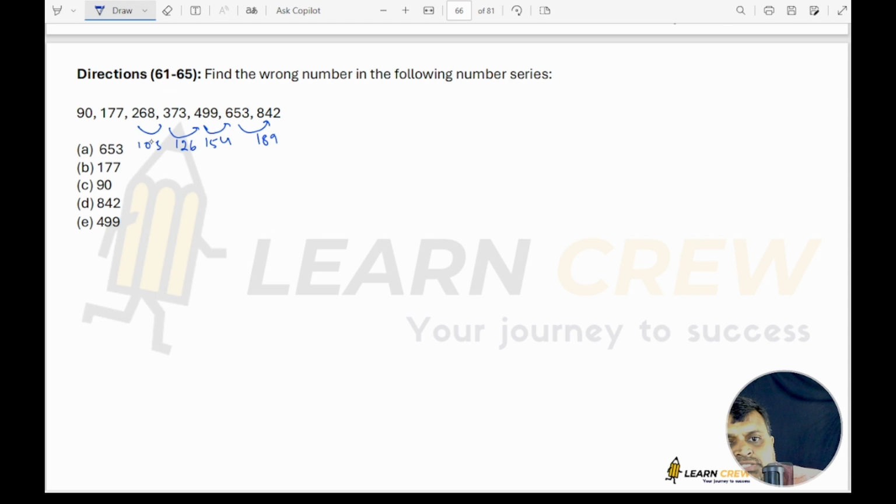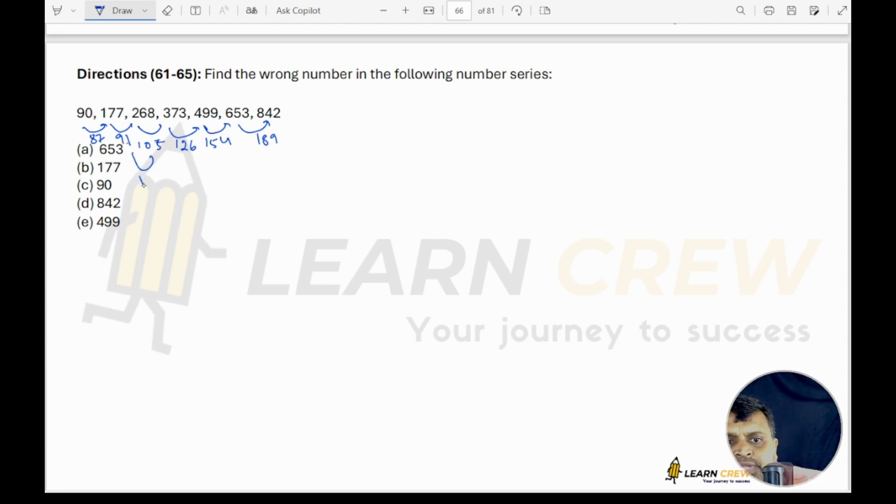105. And here 268, 178, 90, 87, 90, 177, 268. The difference is 91. So what is the logic here? 87, 91, difference is 4. 91, 105, difference is 14.